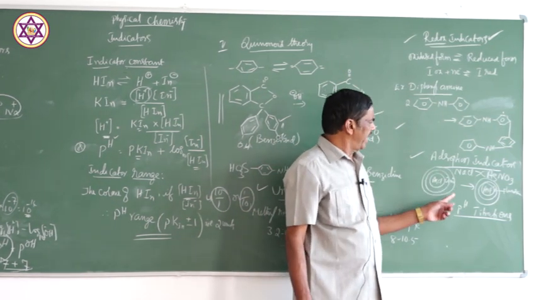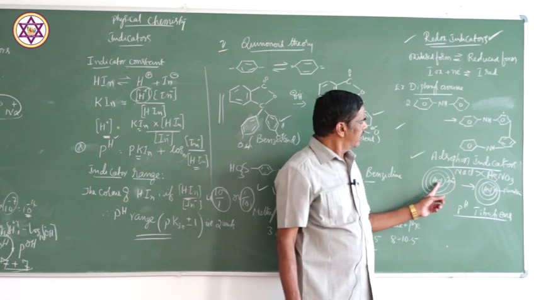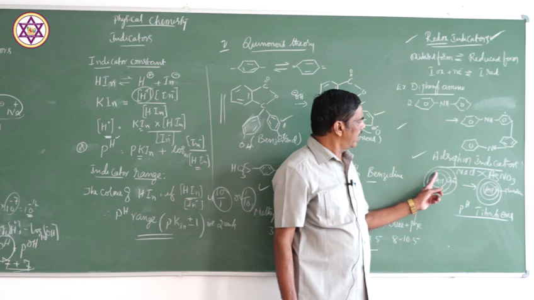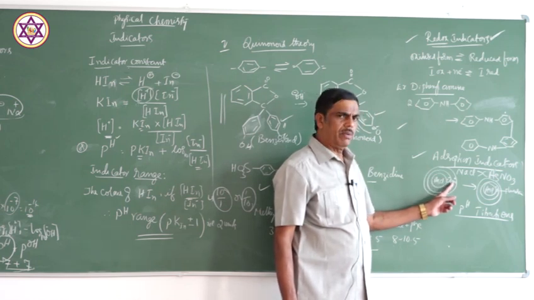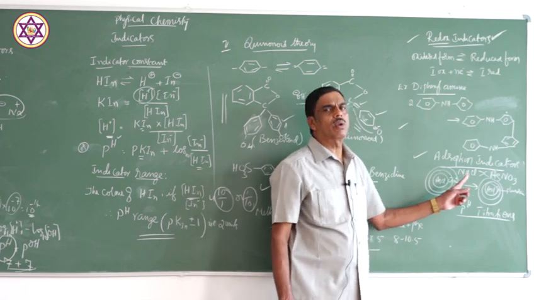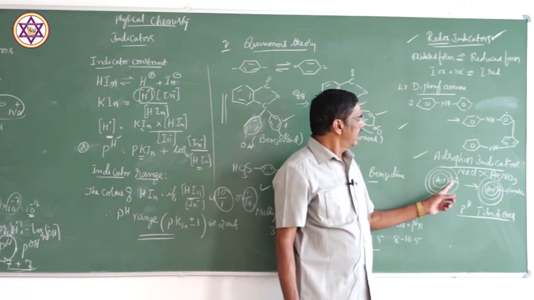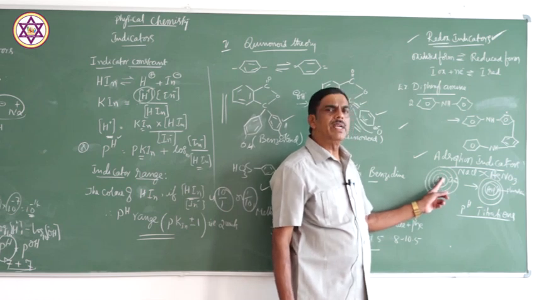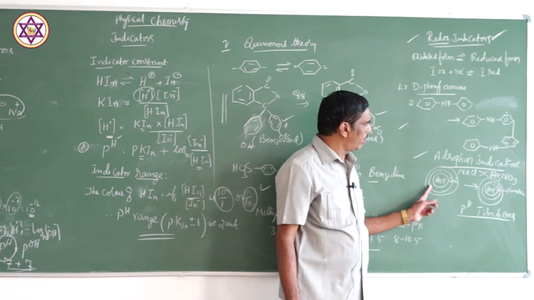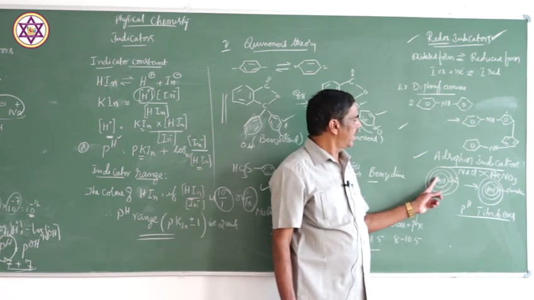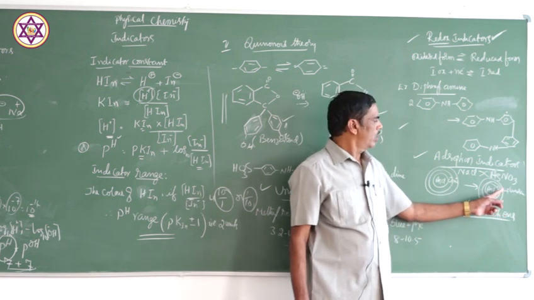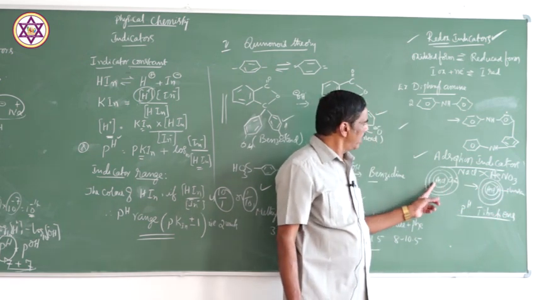Now, when you go on adding silver nitrate, it goes on forming the precipitate, and the chloride and sodium ions which form the adsorption layer undergo reaction with silver nitrate, and there is no sodium chloride left to react with further silver nitrate. Therefore, when the precipitation is complete, this fluorescent indicator gets adsorbed in the second layer, and it forms another color.